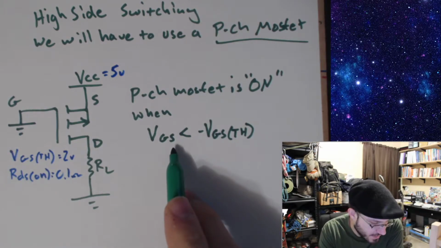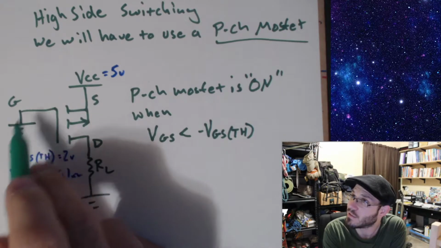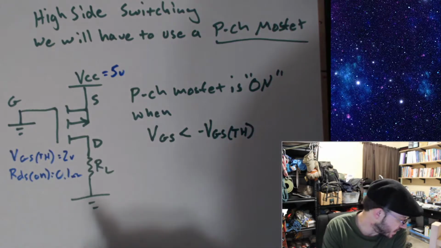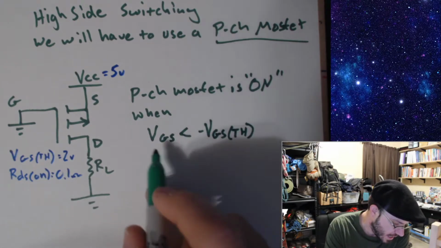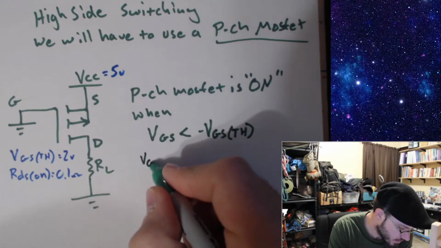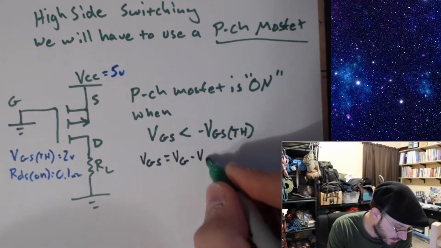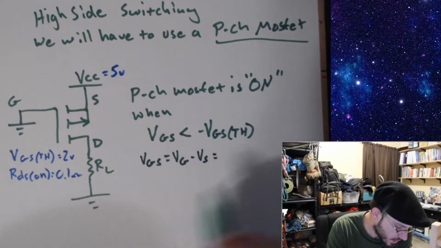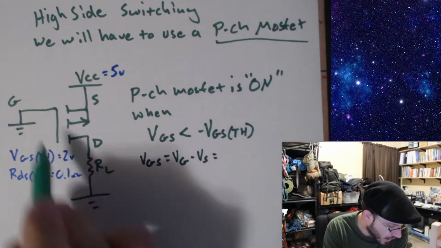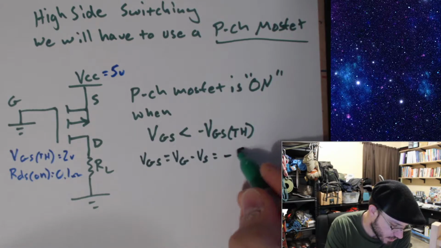Notice now that the source is the higher voltage and the gate is attached to ground. So what that's going to leave us with is VGS, which is equal to the voltage at the gate minus the voltage at the source, is now going to be 0 volts minus 5 volts.